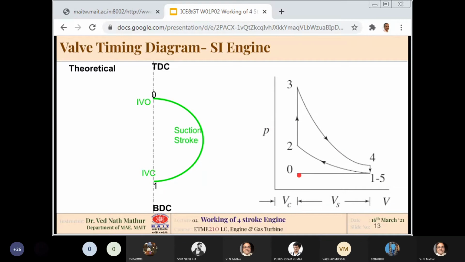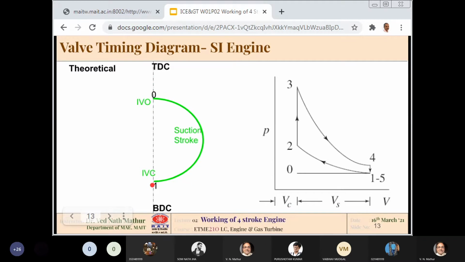So at point 0, the inlet valve opens, and 0 to 1 is the suction stroke. We draw a half circle which represents the suction stroke, and at point 1 the inlet valve closes. So IVC is inlet valve closes. This position is the top dead center position and this position is the bottom dead center position.